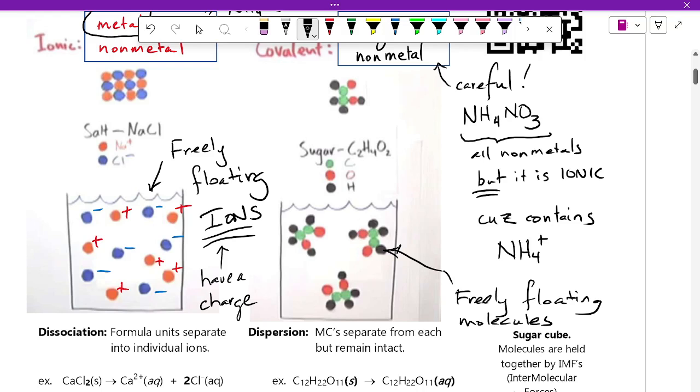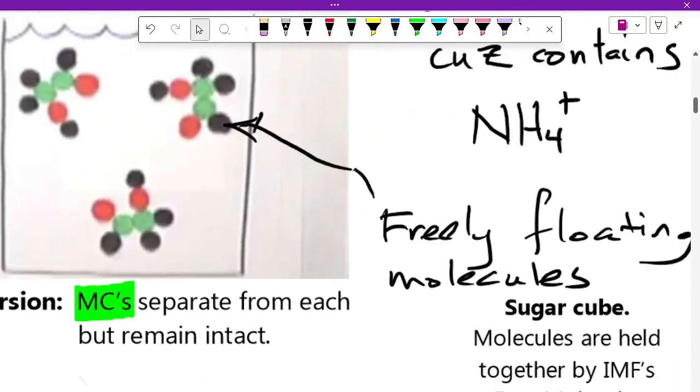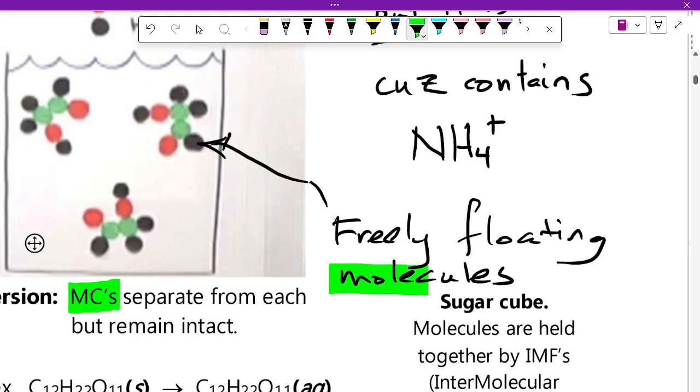And you're going to learn that I like to abbreviate things. I don't like writing out every single little thing. So MC stands for molecules. Okay, capital M, capital C stands for molecules.